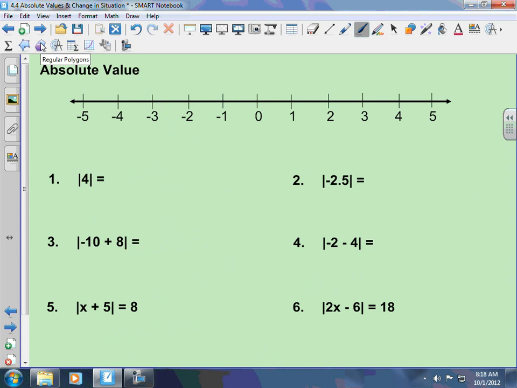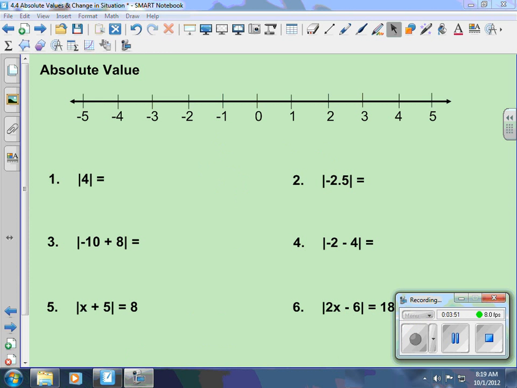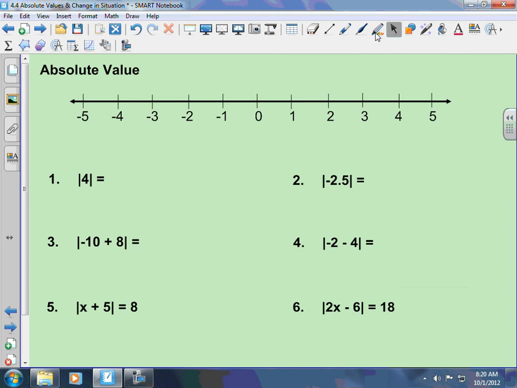Okay, now we're going to talk about absolute value. We've already talked about absolute value. This is basically a review. Absolute value is the distance from 0. It is always positive. So, the absolute value of 4 is 4.